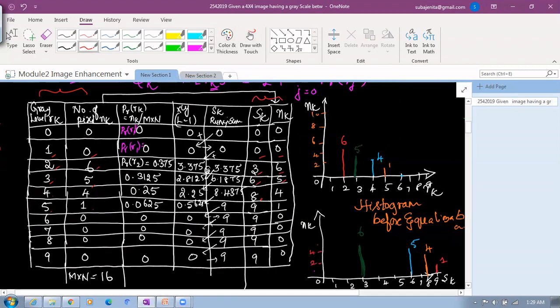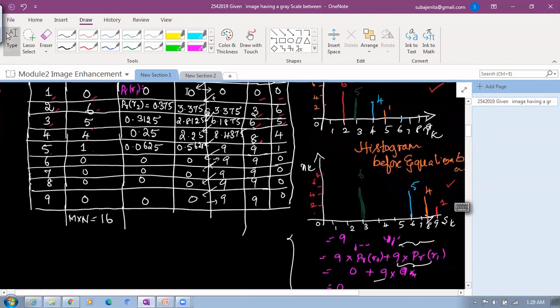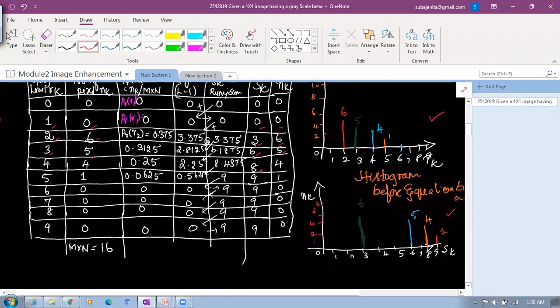2, 4, 6, 8. So this is the plot before performing histogram equalization, and this is the plot of the histogram for the given image segment after performing histogram equalization. Let me write this as histogram after equalization.